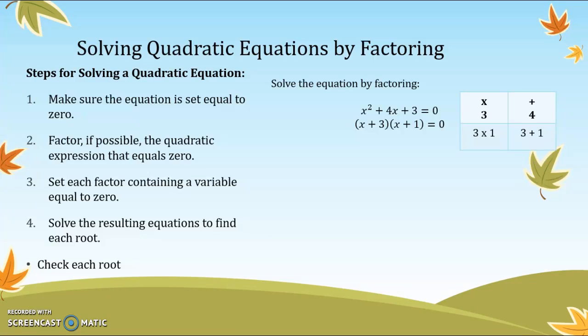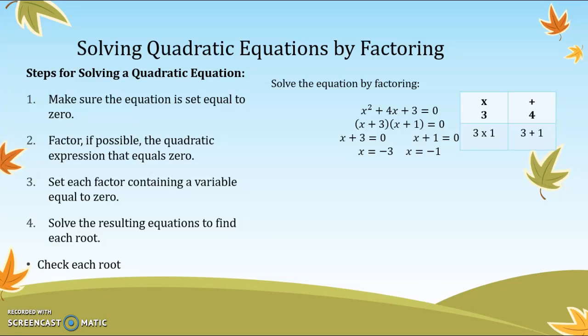Now for the new part. Then we'll set each factored piece equal to 0, giving me x plus 3 equals 0 and x plus 1 equals 0. And now I have two mini problems where I can get x by itself. I'll subtract 3 on the left to get x by itself, and I'll subtract 1 on the right to get x by itself, giving me my two solutions of -3 and -1. These are what we call roots.